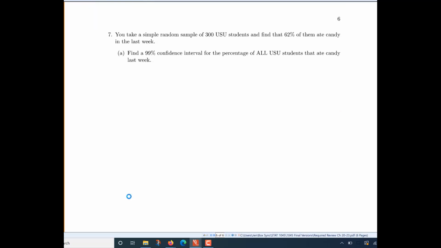And finally, you take a simple random sample of 300 USU students and find that 62% of them ate candy in the last week. So that's all sample stuff. So we have a sample size of 300, and we found a sample percentage of 62%.